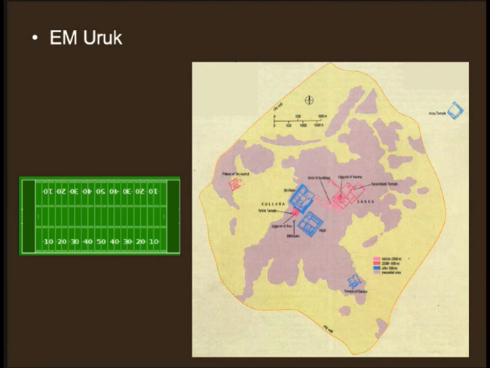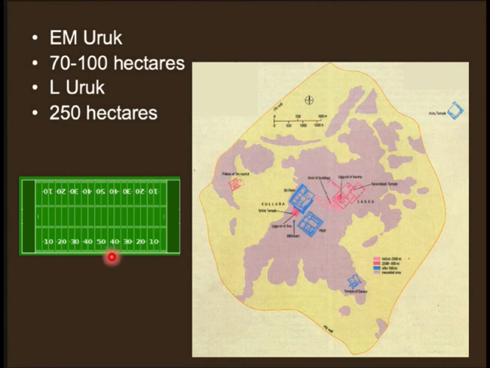Okay, in the early middle Uruk period, that's what EM stands for, the site was about 70 to 100 hectares. A hectare, again, is 2 football fields. So we're talking about 140 to 200 football fields put together. By the late Uruk period, it was 250 hectares, or 500 football fields, and possibly a population of 50,000 people.